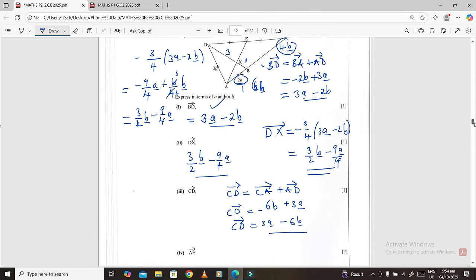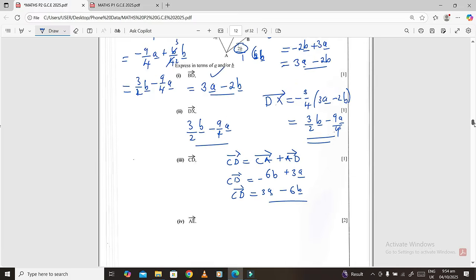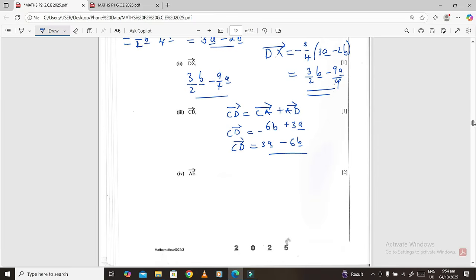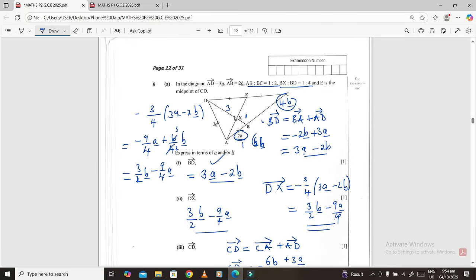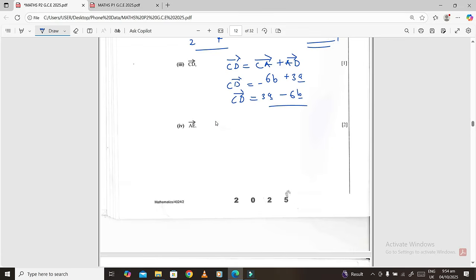We go to the last question on vectors. That is AE. So AE will be equal to AD plus DE. So let me show you. AE is equal to AD plus DE.